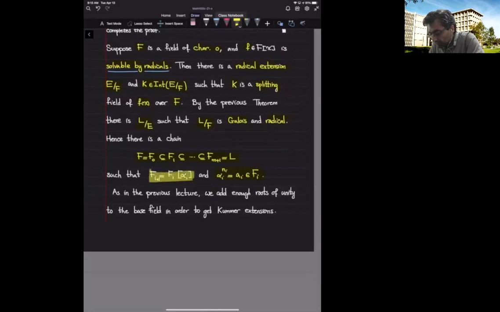In the previous lecture, we discussed that when we have enough roots of unity, then we can make sure that at least all these blocks, except maybe the first one, are Kummer extensions. And Kummer extensions are extremely useful because the groups of isomorphisms of the Kummer extensions are all cyclic.